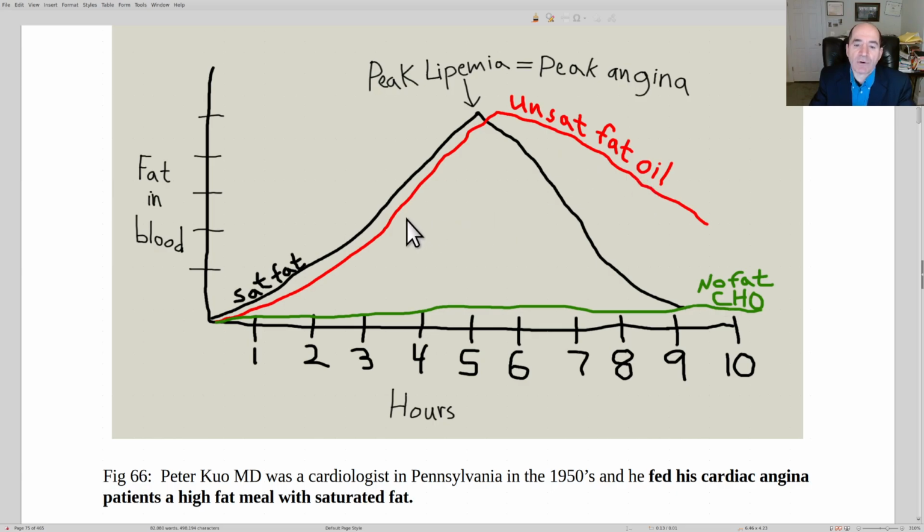And what they discovered was when you fed the patients PUFAs, their blood lipids were elevated for a more prolonged amount of time. And this was later done by Meyer Friedman and Ray Rosenman in the 1960s. They were ophthalmologists. And what they found was their lab workers would start out at, let's say, around 8 o'clock in the morning, and they got pissed off because they would have to stay late at night because these patients had persistent sludging of the blood, thickening of the blood.